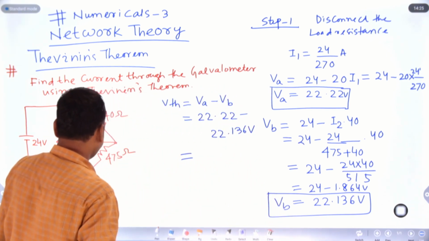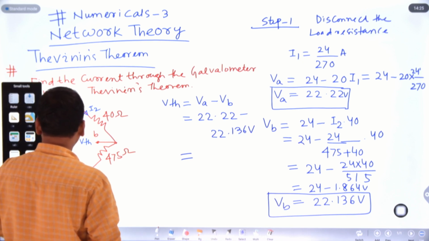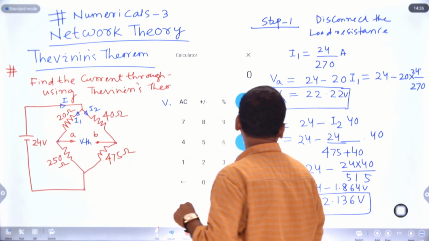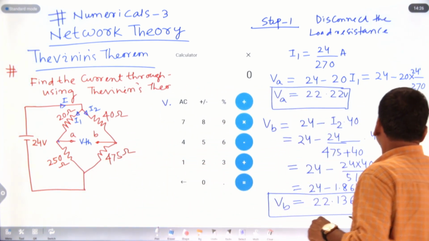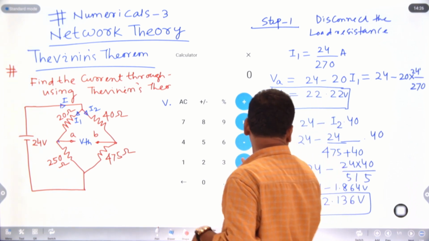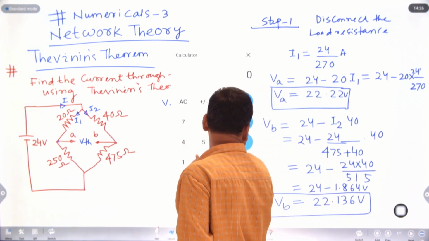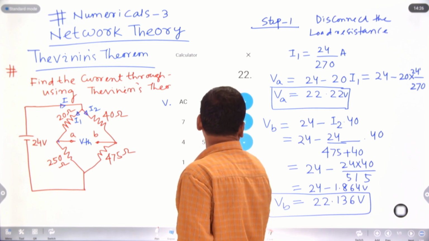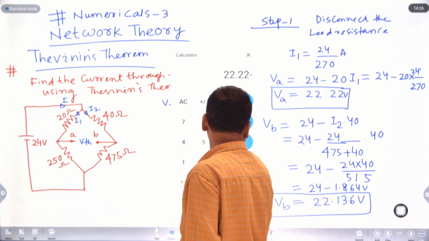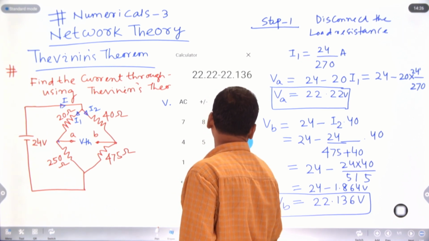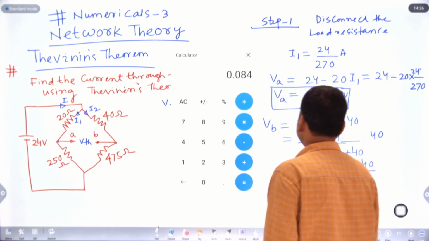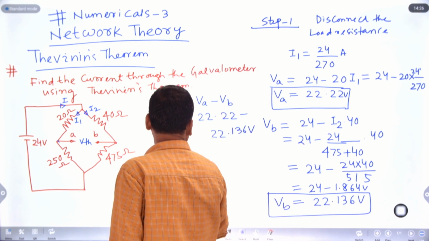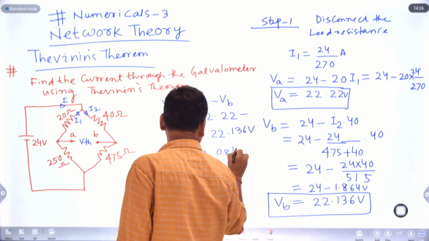Using the calculator, 22.22 minus 22.136, the value is 0.084 volt.